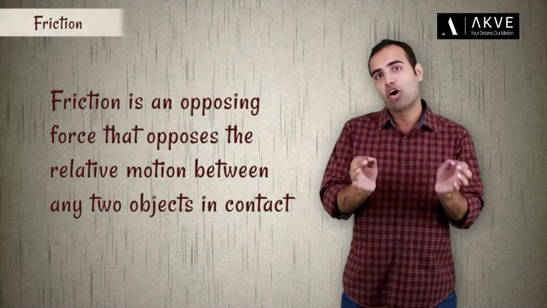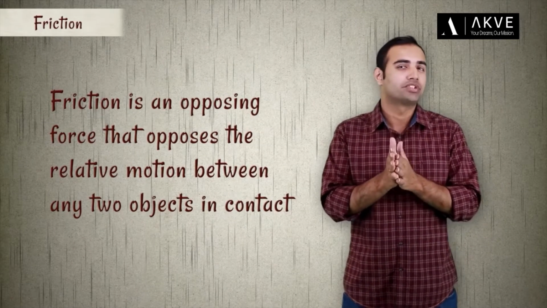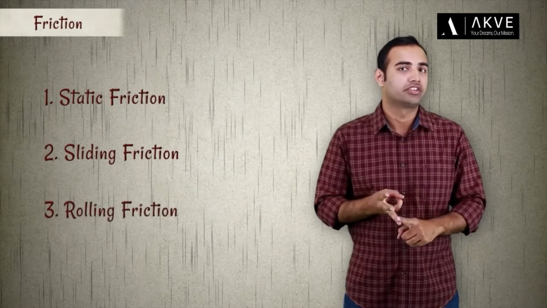The next contact force that we have is nothing but the force of friction, which we also simply call friction. Now, as you already know, friction is an opposing force that opposes the relative motion between any two objects in contact. Now, friction is of three types: static friction, sliding friction, and rolling friction.